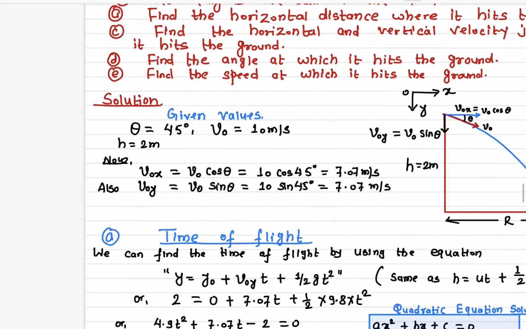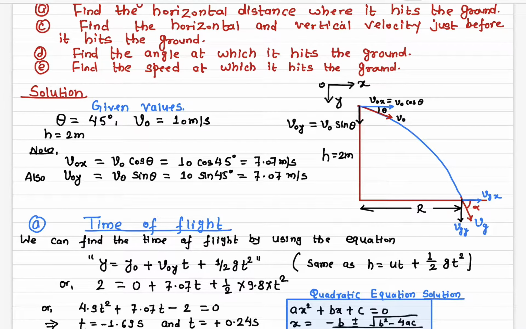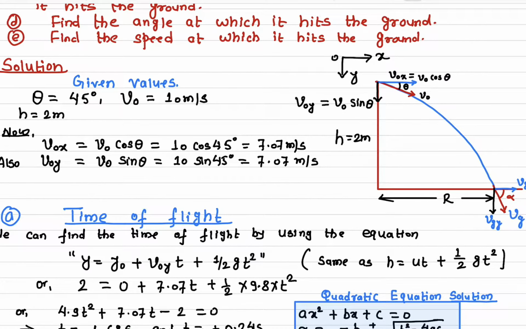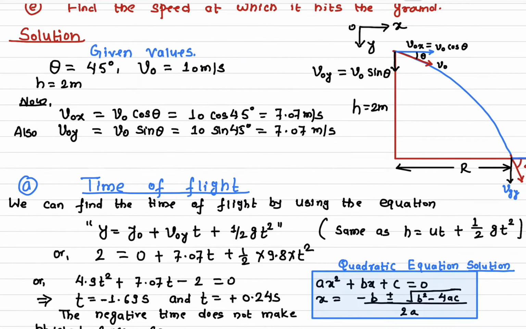Okay, so the given values in this case: theta is 45 degrees, and the initial velocity is 10 meters per second. We know this angle and this velocity, so the x component of the velocity would be v0 cosine theta, and the y component would be v0 sine theta.